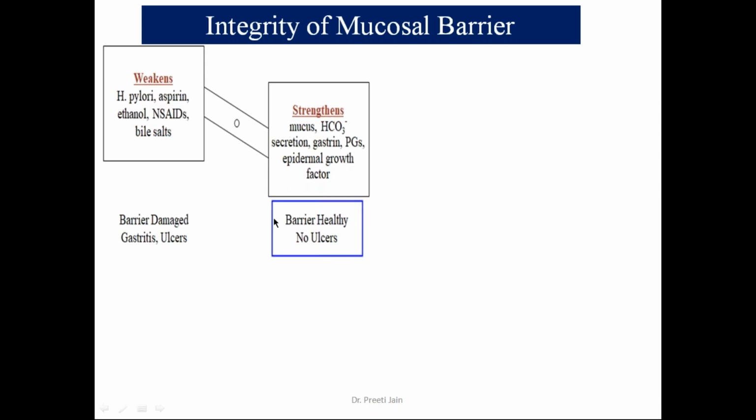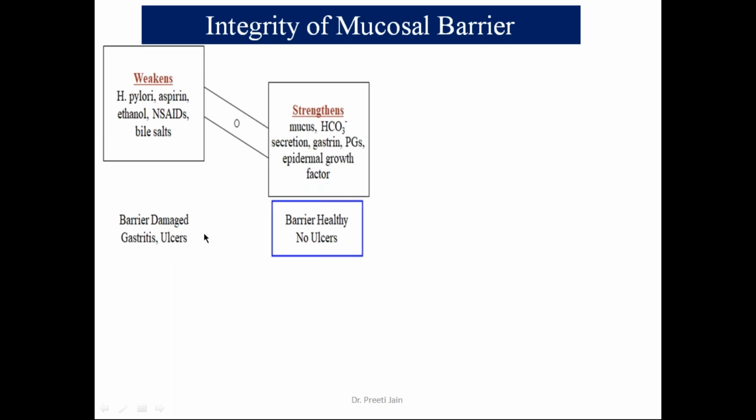If it is weakened, what will happen? That there could be inflammation of the gastric mucosa, which is known as gastritis. जहाँ भी itis आता है वो inflammation होता है, या वहां पर ulcer formation हो जाएगा.